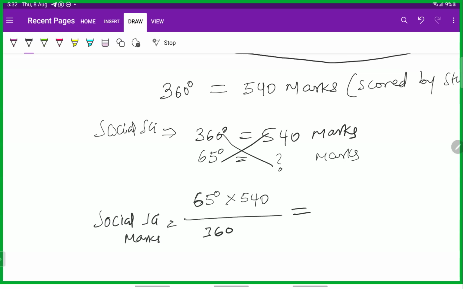So 65 degrees. You can remove degree here anyway.